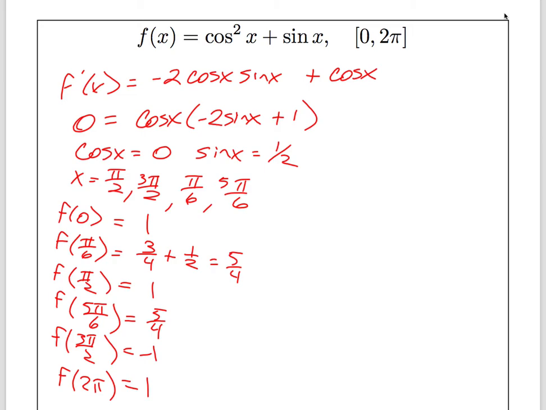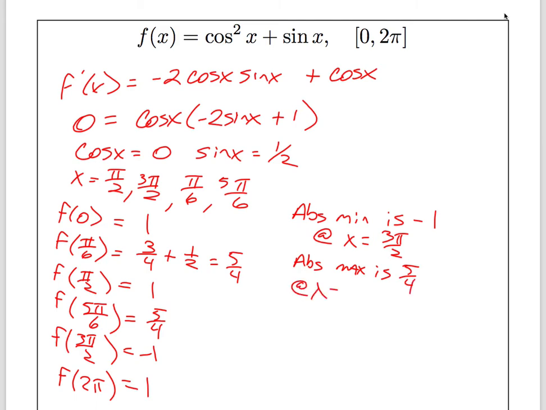So my absolute minimum is negative 1, and that occurs at 3 pi over 2. My absolute max is 5 over 4, and that occurs at pi over 6 and 5 pi over 6.